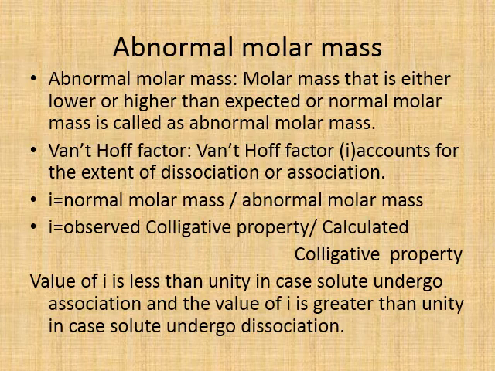Hydrogen bond is formed in alcohol or ethyl alcohol. Due to the formation of hydrogen bonds, association takes place. And if we mix two liquids and the volume increases, in that particular case dissociation takes place.